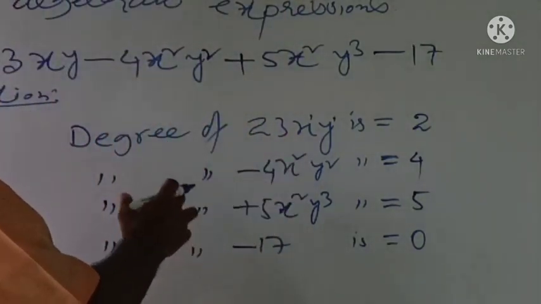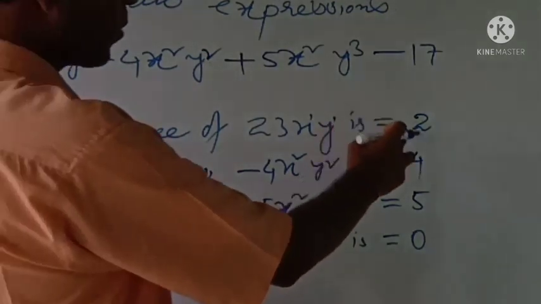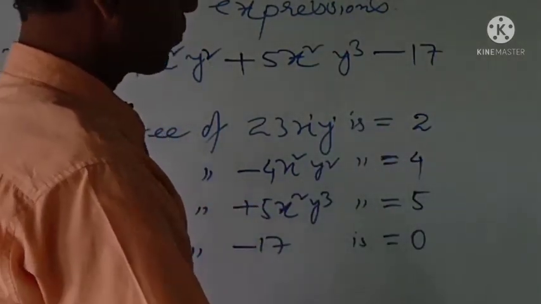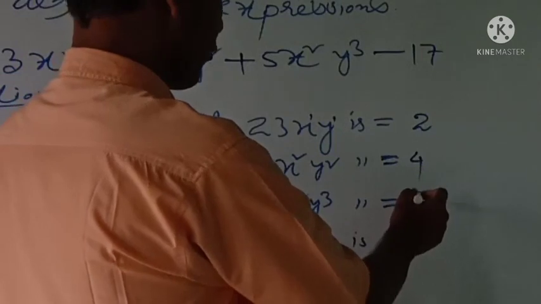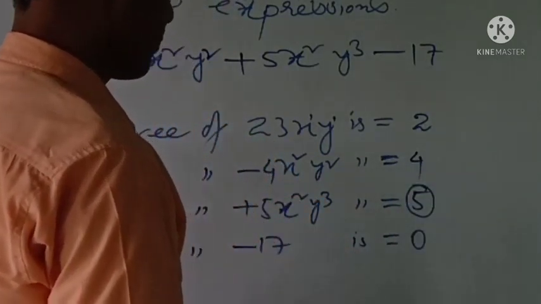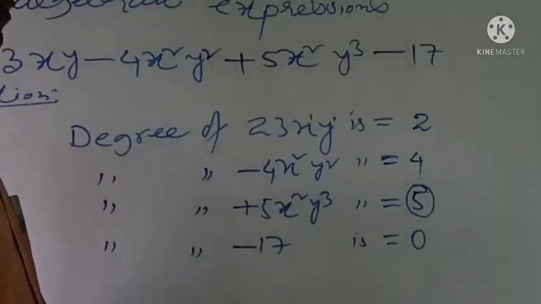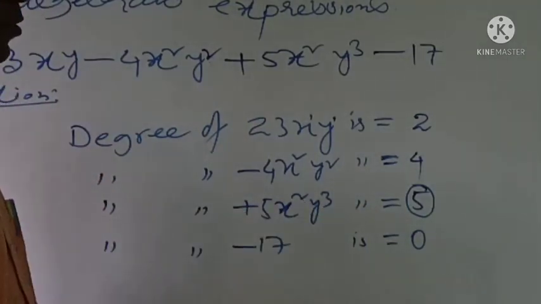So we've got the degree of all the terms. Now if we observe the degrees, we'll see that this 5 is the highest degree of the terms. Since this 5 is the highest degree of the terms, the degree of the algebraic expression is also 5.